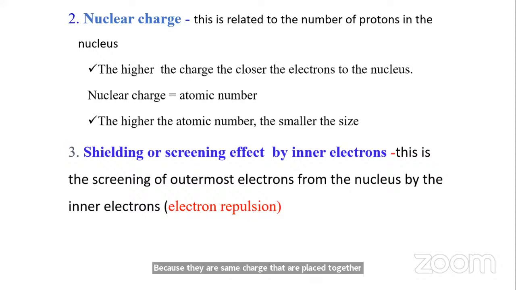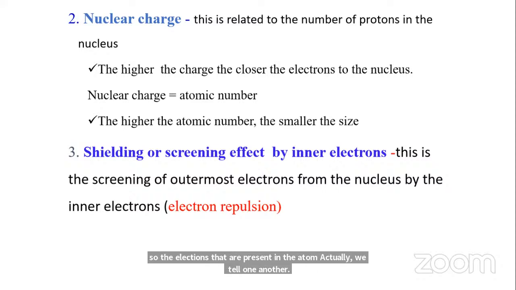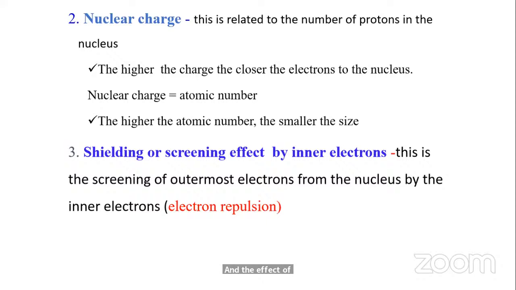And we know that unlike charges attract, like charges repel one another. So the electrons that are present in the atom actually repel one another. And the effect of the screening effect is that these electrons that are present in the atom actually serve to increase the size of the radius of the atom.